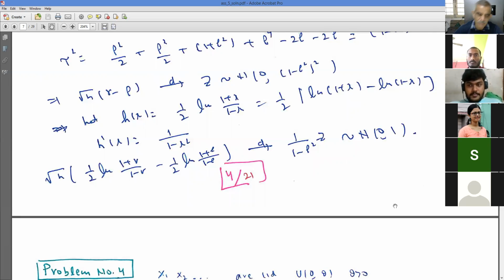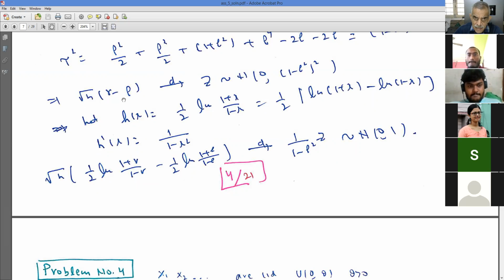How will you know beforehand that this transformation will be independent of the parameter? That you must be doing in your simulation course. Now, you see, you need a transformation. Finally, I have to apply a transformation h over here. If I apply h, what distribution do I get?